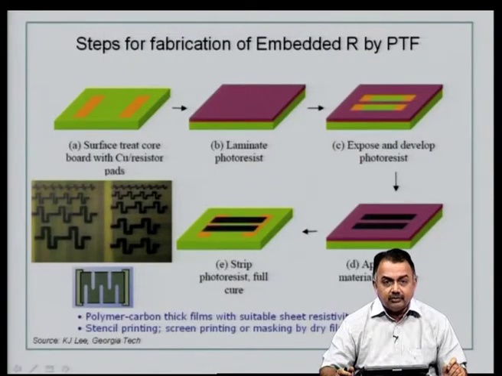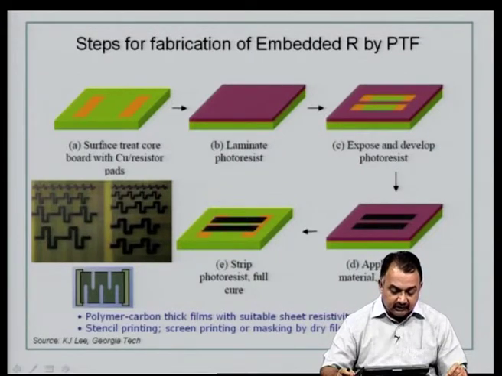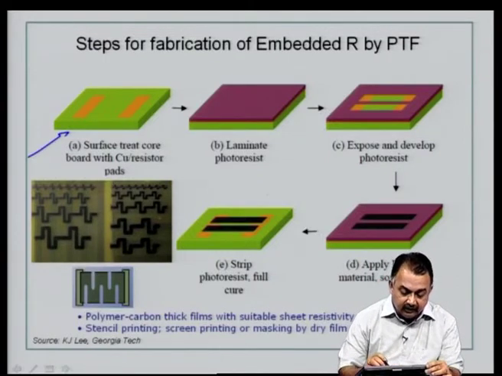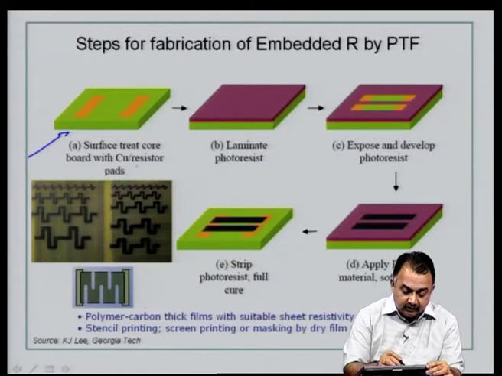What I am trying to show you here is the illustrative sequence of embedding resistors by polymer thick film. As you can see, this is a simple process compared to the other two, because basically you need to surface treat your substrate core or inner layer flex core with the copper pads.